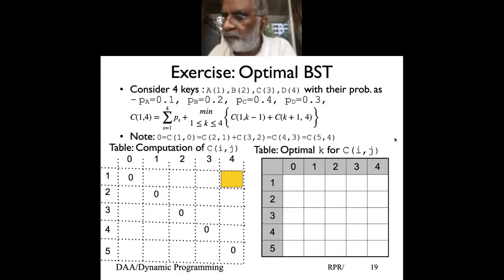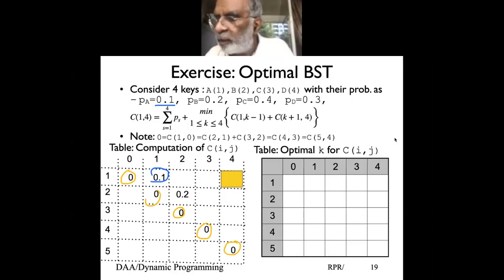So this is all C10, C21, C32, C43, and C54. Similarly, C11 is P1, which is 0.1, so you get 0.1. C22 is P2, which is 0.2, so you get 0.2 here. Similarly, C33 is P3, which is 0.4, so you get 0.4 here, and this value will get 0.3.